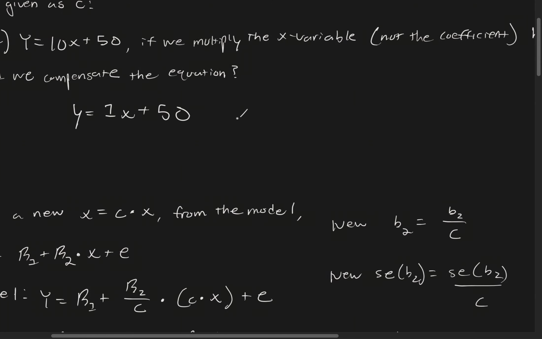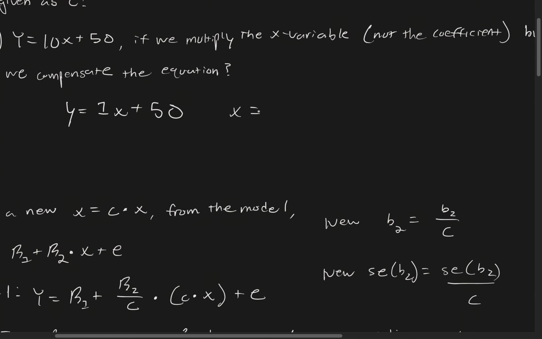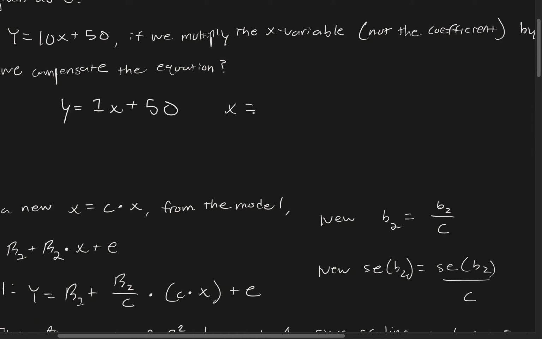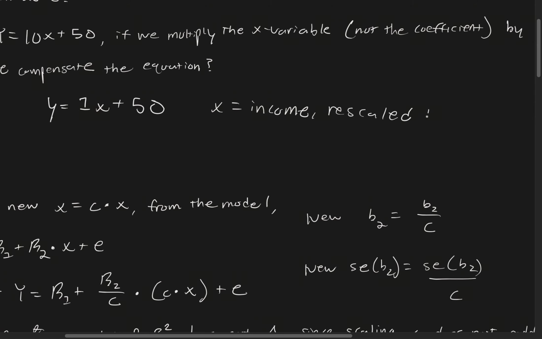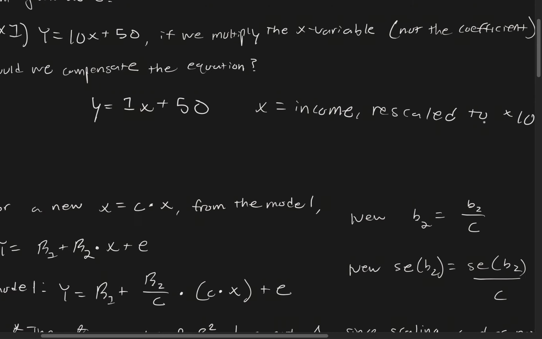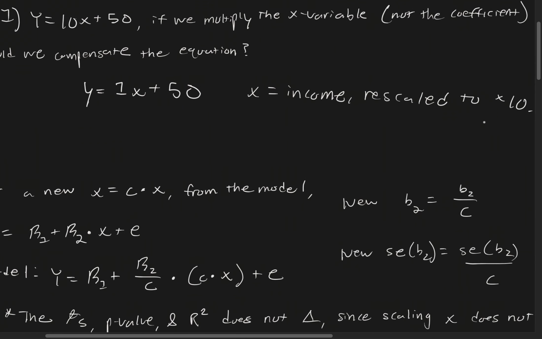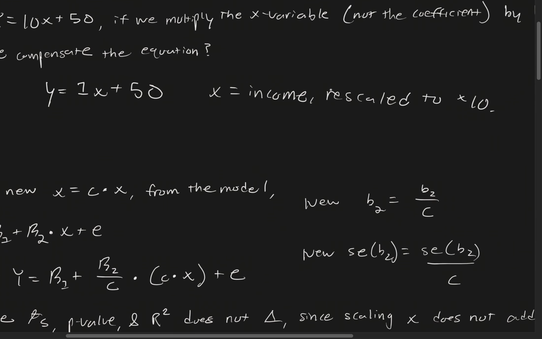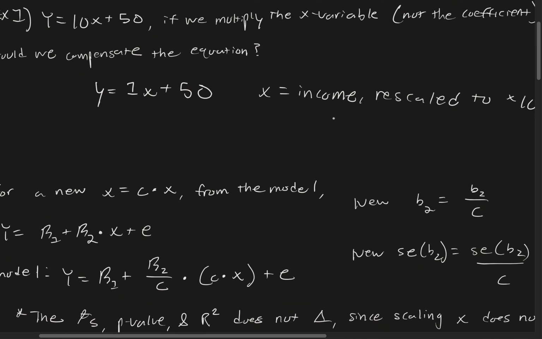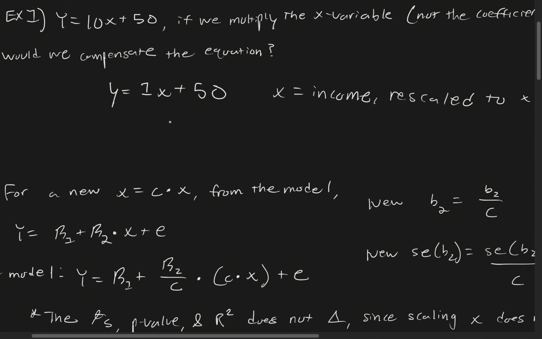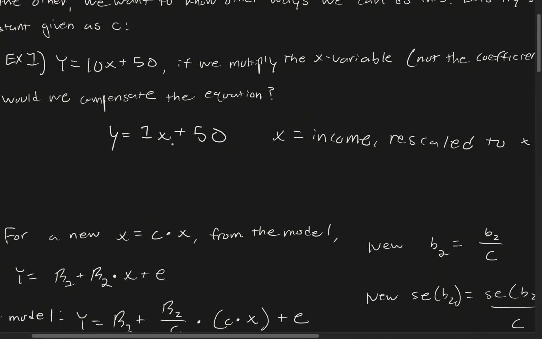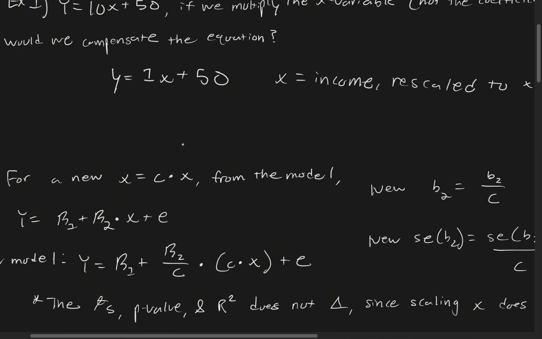And then we'll have to also note that x equals the income that is rescaled to times 10. So we can interpret that as if our income is 100, then it's automatically rescaled to 1,000, but our impact of the coefficient of beta 2 is 1. So in the result, it's still the same.